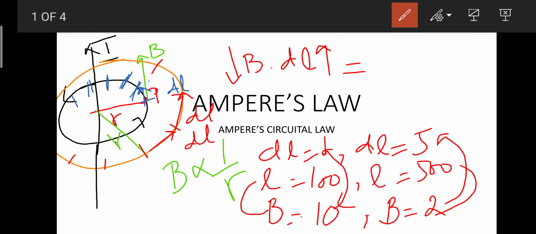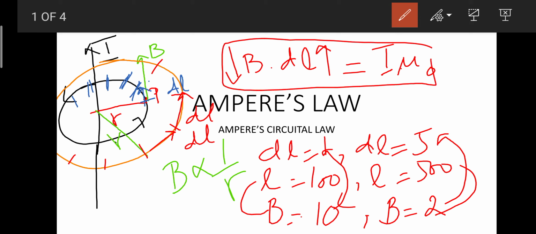So I would write this B dot dl phenomenon is equal to mu naught times the current, where what is mu naught? Again, this is the permeability. So this is basically the statement, or you can say the formula for Ampere's law, and how can we state it?